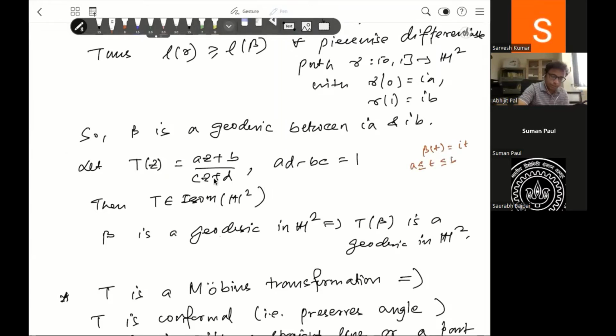So the image of beta will be a geodesic here. Of course I am not writing the parameterization here. So the length of this beta will be equal to log of b by a. Fine. So the length of gamma is greater than or equal to that of beta.